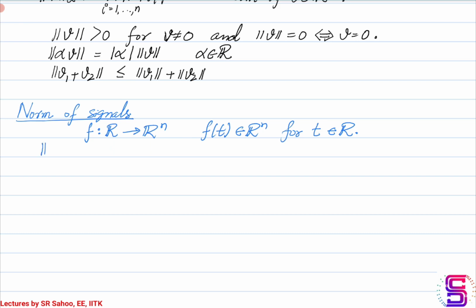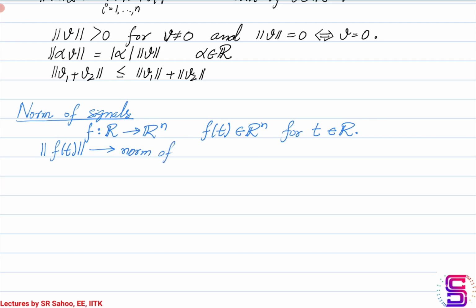Now when we take a norm of f of t, this essentially means at some given instant t, f will have some vector value. So the norm that you are taking is that of a vector, the same as the vector norm that we defined, some p norm of the vector.